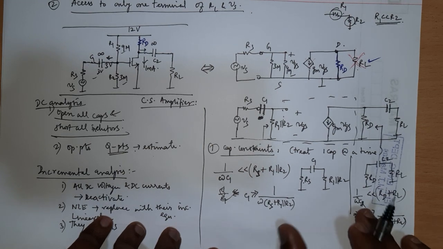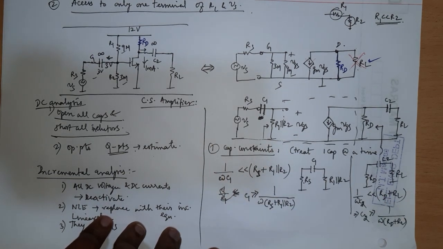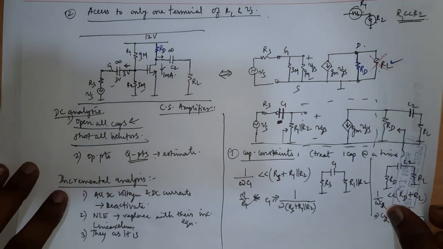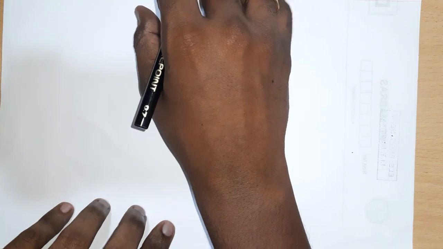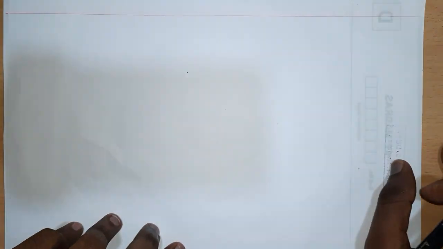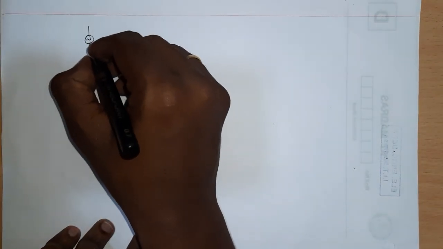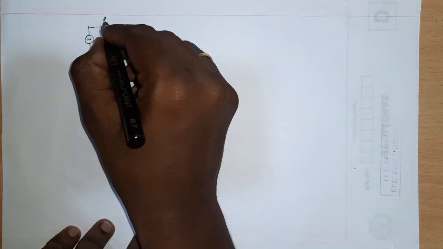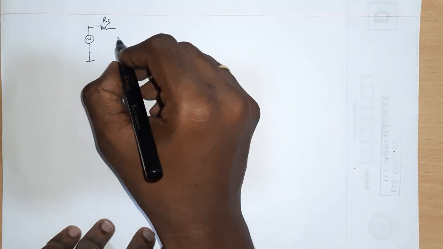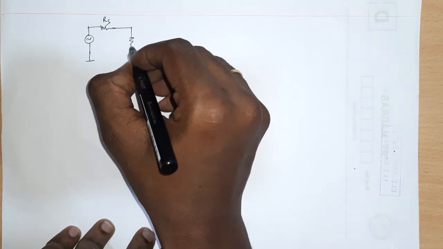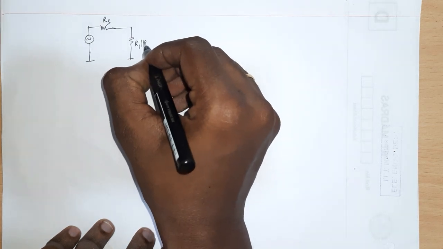The first step is done, we have found the capacitance constraints, and let me redraw the picture again here. The moment you have found the capacitance constraint, you can treat it as though you have chosen capacitors of those values, and the capacitors will be short in the incremental picture. So let me redraw the incremental picture, where the capacitor is considered to be short, and it's just R1 parallel R2.